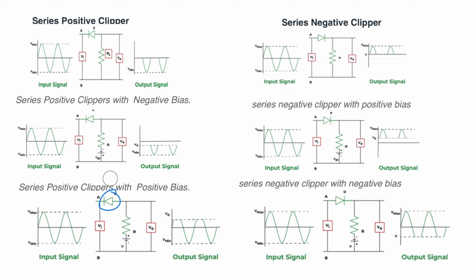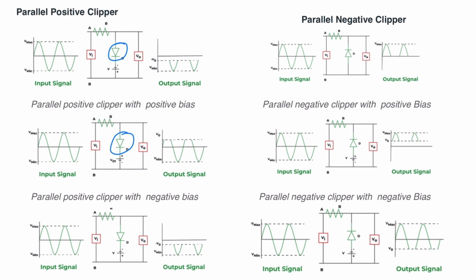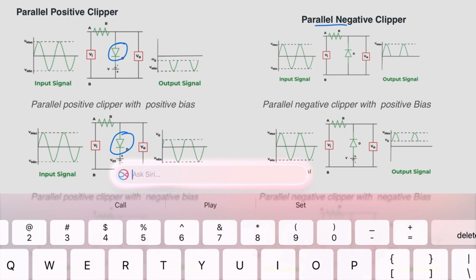Series positive clipper without bias, with negative bias, and with positive bias. Similarly, series negative clipper with positive bias and with negative bias. Next, shunt positive clipper, shunt clipper or parallel positive clipper, and parallel negative clipper, where the diode is facing towards the ground.